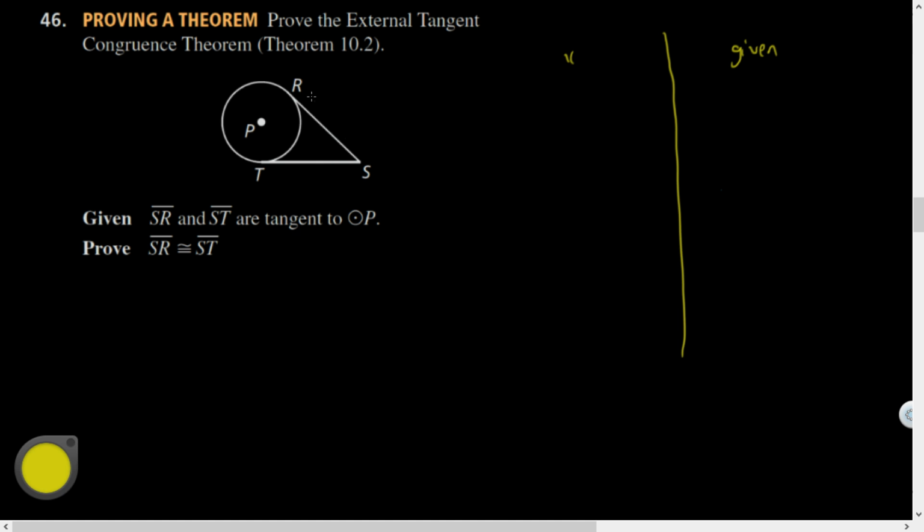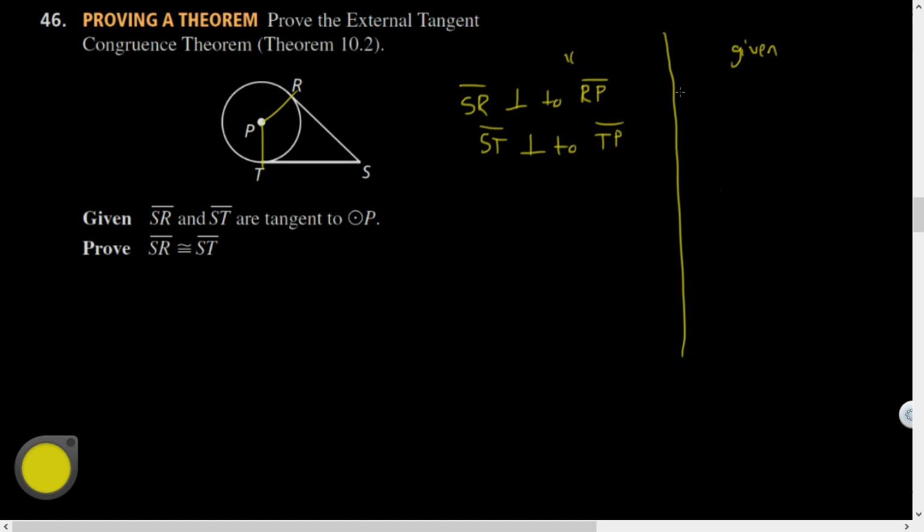SR and ST are tangent to circle P. Because of that, SR is perpendicular to RP, and ST is perpendicular to TP.